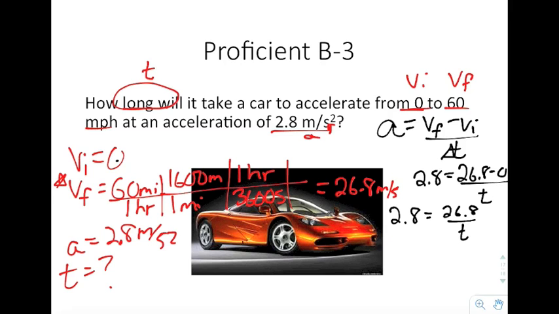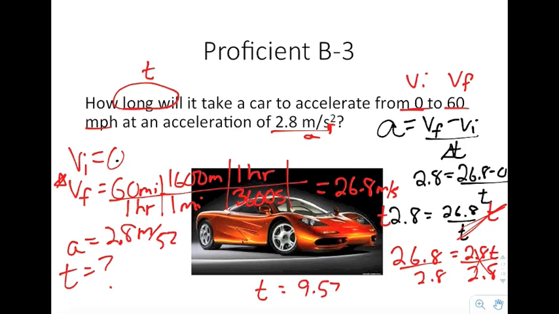You are still going to have to do a little bit of algebra to go ahead and get the t on the top. When you do that, you end up crossing those terms out, and you get 26.8 equals 2.8t. You divide both sides by 2.8, and when you do that, you get t equals 9.57 seconds.